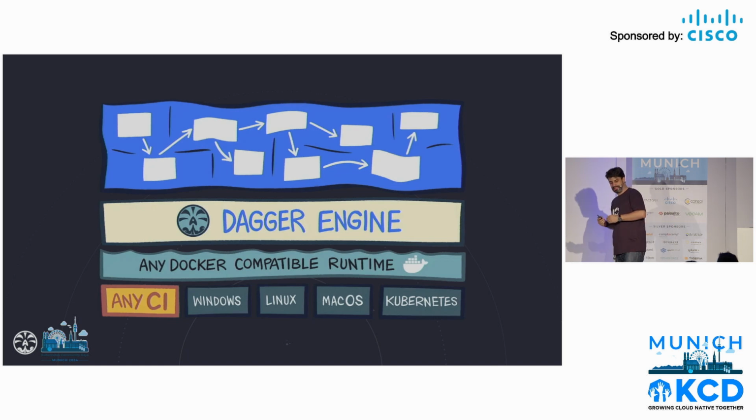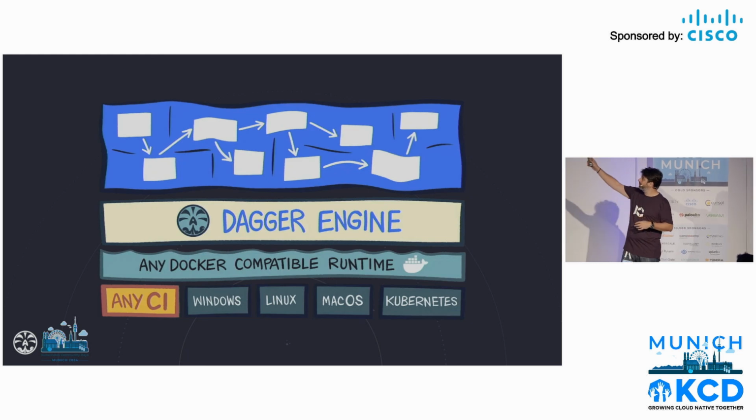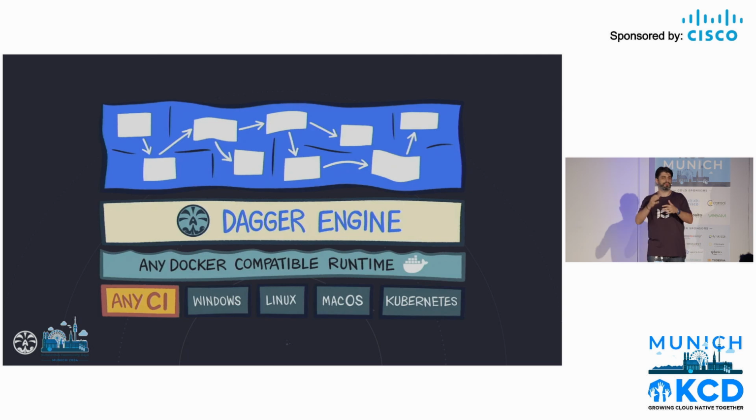The engine itself runs on any Docker-compatible runtime. It could be your local machine, it could be Kubernetes, it could be somewhere else. And then at the top, you have the modules. So you have the build module, deploy module, whatever you want to do with that pipeline.